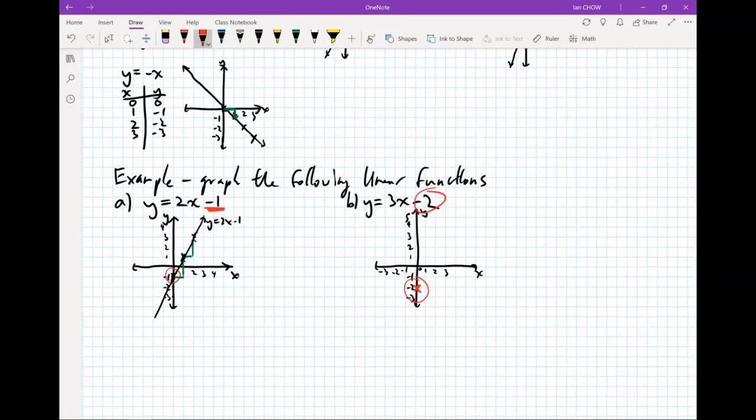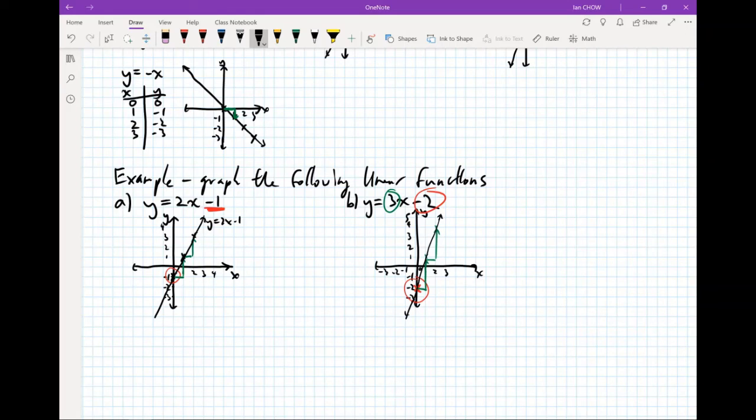And then the 3 means that for every 1 across, we go up 3. So we have (0, -2), (1, 1), and then (2, 4) over here. And so our line would look like this. We just go 1 across and 3 up, 1 across and 3 up, and so on.